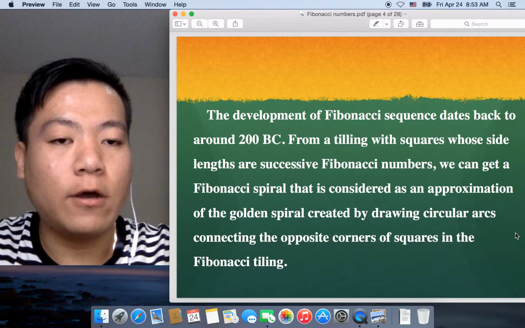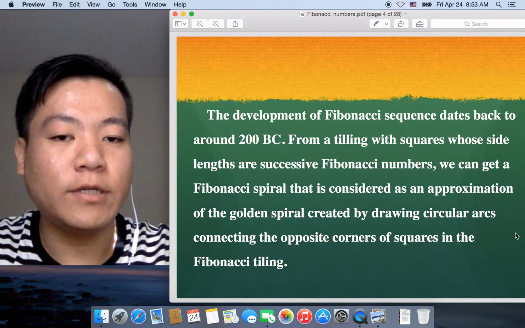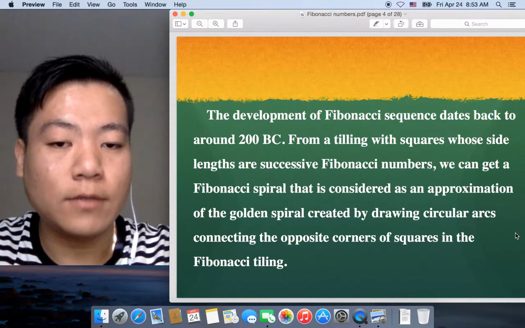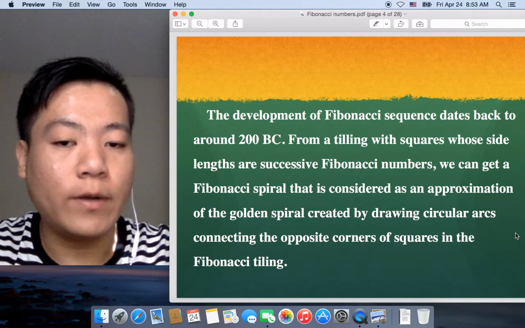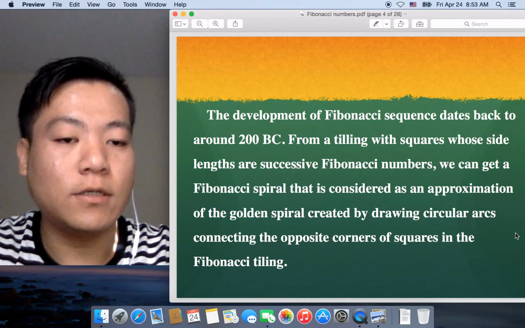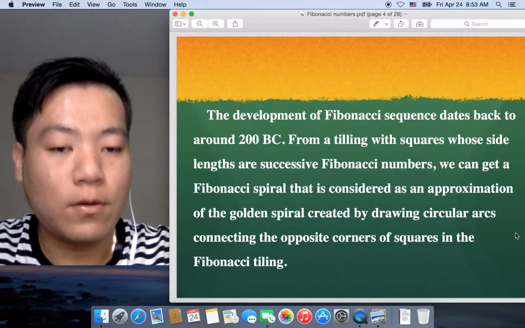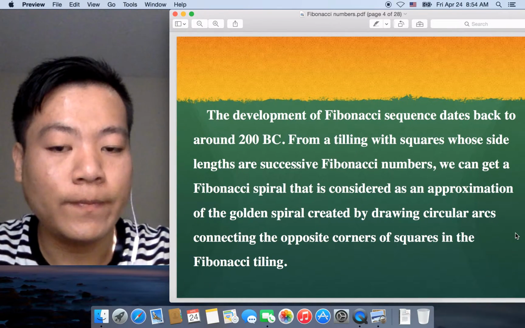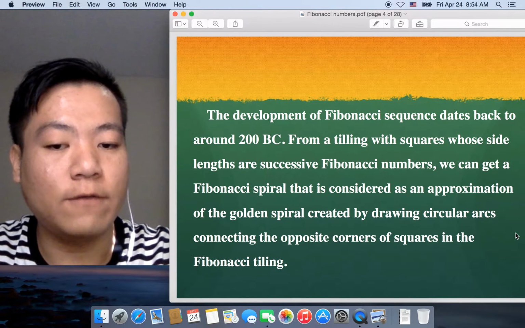The development of the Fibonacci sequence dates back to around 200 BC, from a tiling with squares whose side lengths are successive Fibonacci numbers. We can get a Fibonacci spiral, which is considered an approximation of the golden spiral, created by drawing circular arcs connecting the opposite corners of squares in the Fibonacci tiling.